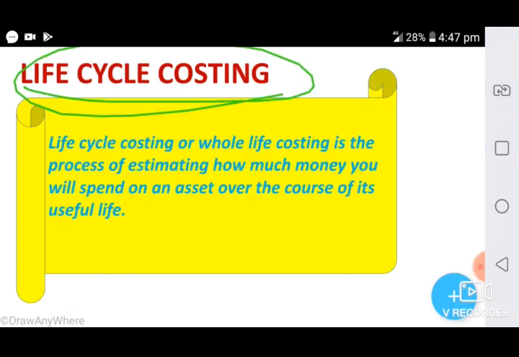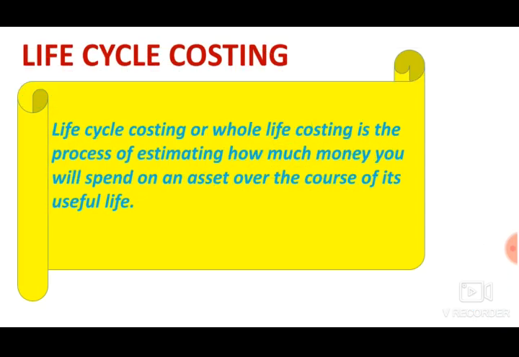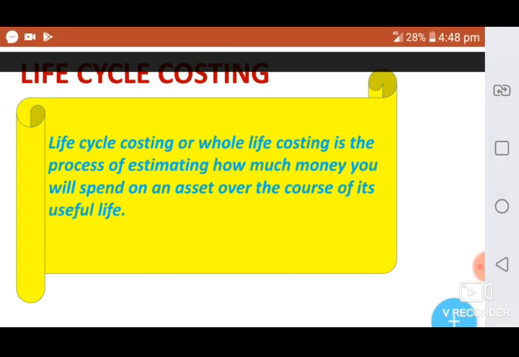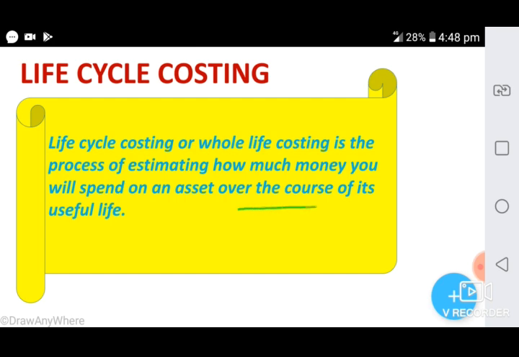Okay. Next one, life cycle costing. Life cycle costing or whole life costing is the process of estimating how much money you will spend on an asset over the course of its useful life.